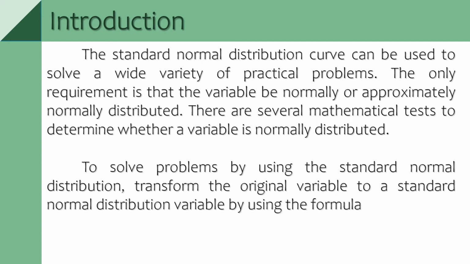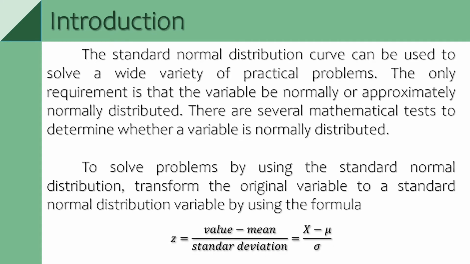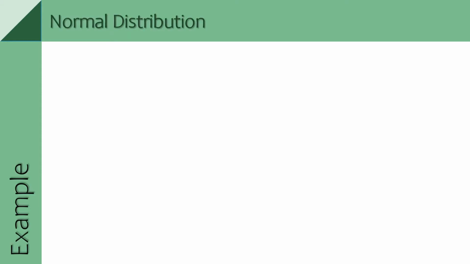To solve problems using the standard normal distribution, transform the original variable to a standard normal variable using the formula z equals value minus mean all over standard deviation, or z equals x minus mu all over sigma.